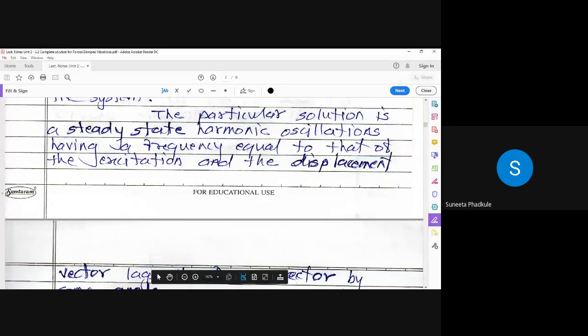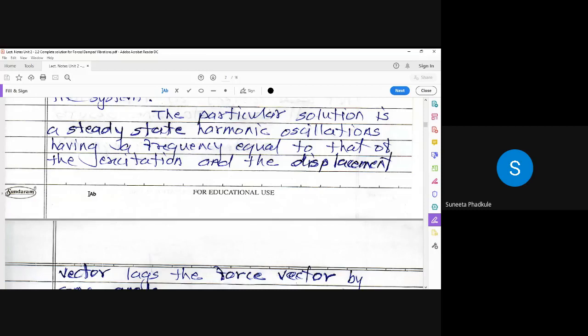Okay, so the particular solution is a steady state harmonic oscillation having a frequency equal to that of excitation. Here we have studied three frequencies: omega d is the damped natural frequency, omega n is the natural frequency, and omega is the frequency of external excitation, that is, the frequency of the external force.